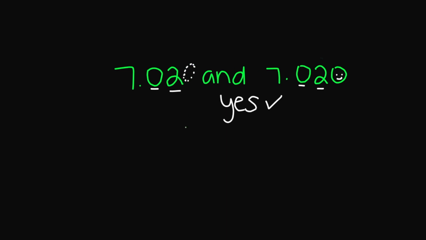So these two decimals are equivalent. Let's look at this example, 4.09 and 4.099. Are these two decimals the same? Nope, this is a no. Here we have our imaginary 0, and then my last digit here is a 9. So these two decimals are not the same.